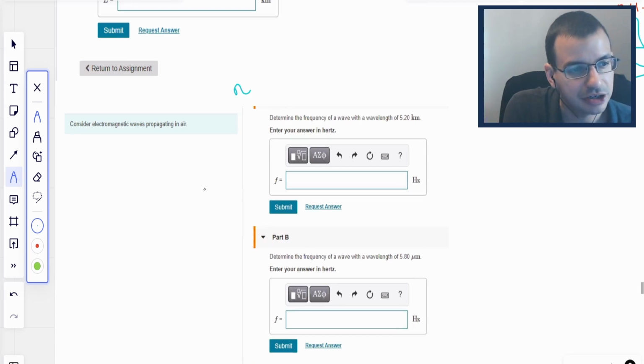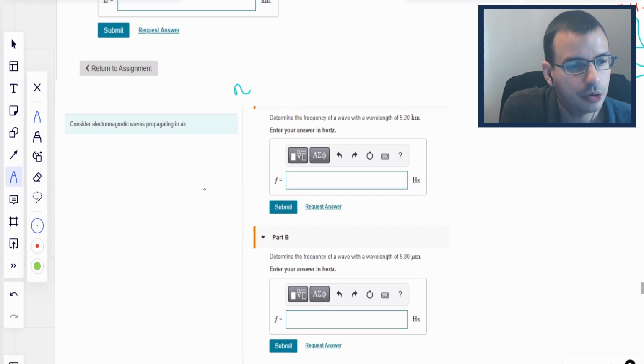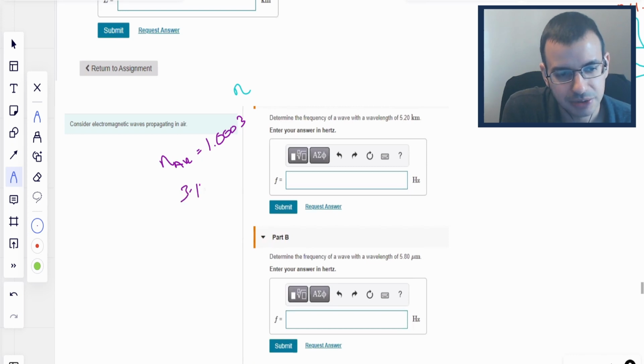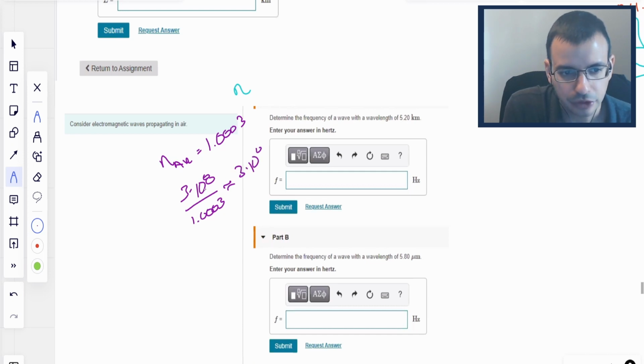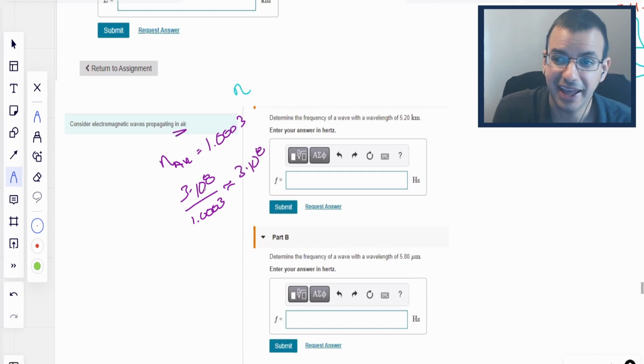And here they say consider electromagnetic waves propagating in air. Well, the index of refraction of air is about almost 1. So when you divide 3 times 10 to the 8th over how much slower it's going, it's basically the same. Whenever you see propagating in air, that's basically the same as propagating in a vacuum or space.